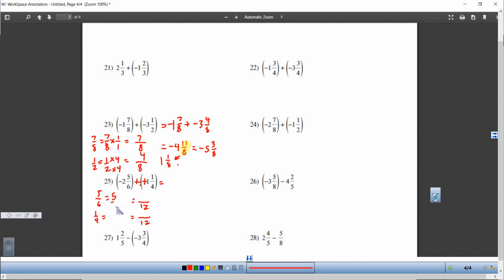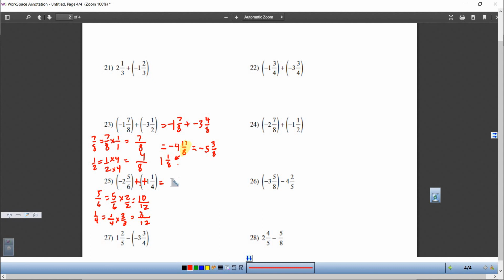All right, what do you have to multiply 6 by to get 12? That would be 2. And what do you have to multiply 4 by to get 12? That would be 3. All right. So what do I get? I get 5/6 is the same as 10/12, and I get 1/4 is the same as 3/12.